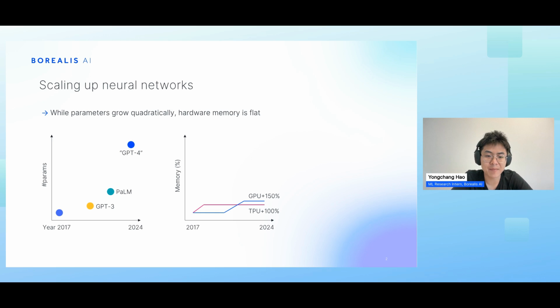But if you look at the memory available on device, you will find that the curve is kind of flat, either for GPU or TPU. The maximum growth is only 150%. So compared to the parameter count, this is not enough. This poses the question of how we can utilize the limited memory available on device.